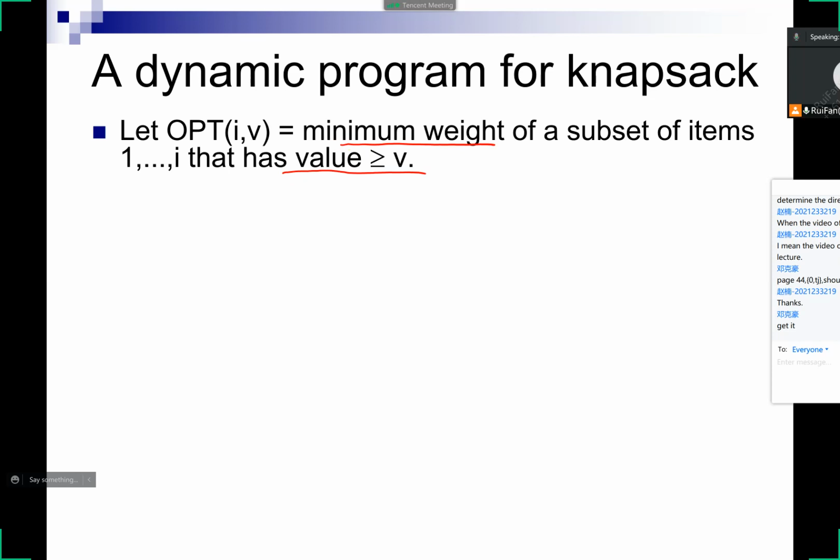We're going to define a dynamic program where opt of I, V is: we only consider a subset of the items 1 through I, and we require this subset to have value at least V. However, you want to minimize the weight subject to this value constraint.